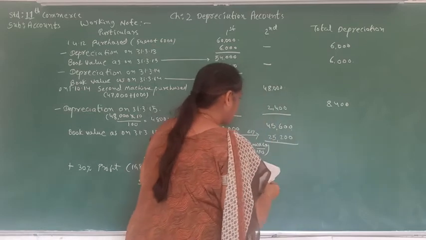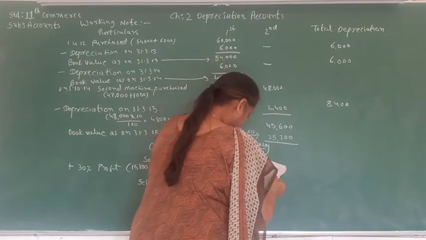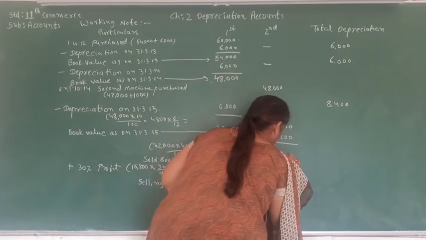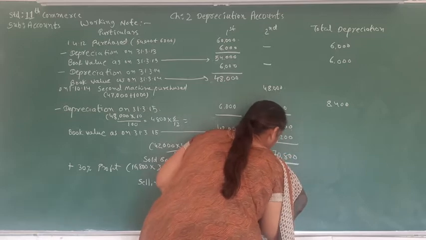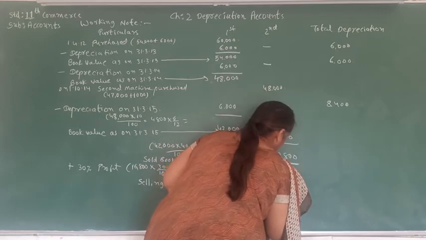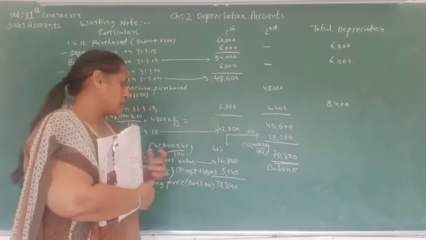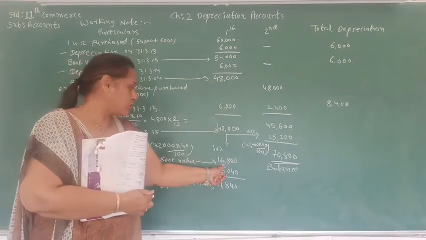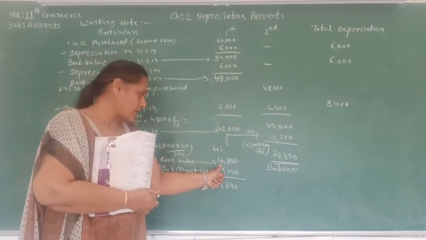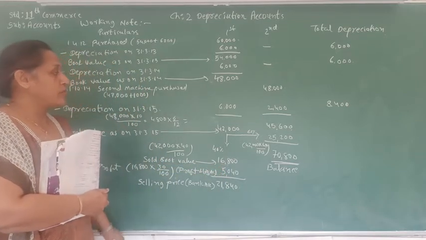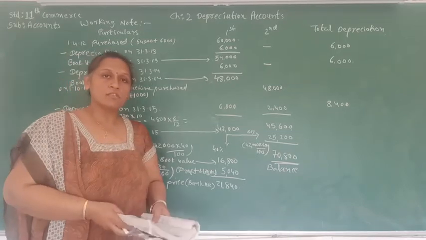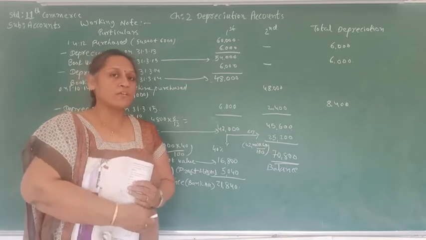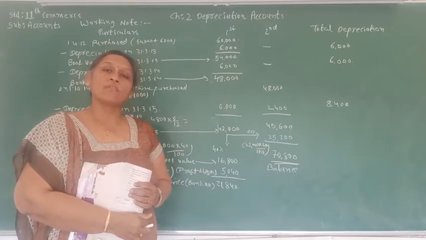So the total of this will be our balance in the machine account, that is 70,800. This is the balance of machine account at the end of the third year, and this is the selling price where we deduct from the book of machine account 16,800, and this is our profit. So students, you may note down this working note. Then we are going to prepare machine account as well as accounting effect for the 3 years for final account.